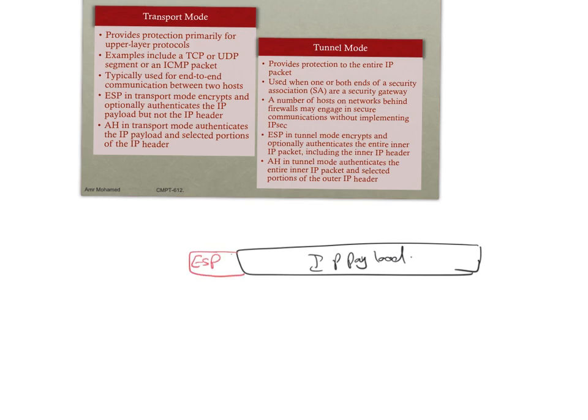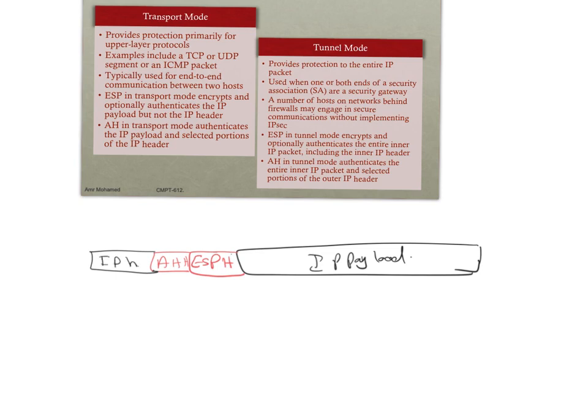an ESP header, okay, after the payload. And optionally, we'll talk about this, we have also an AH header. Okay? And then we have the IP header exposed.